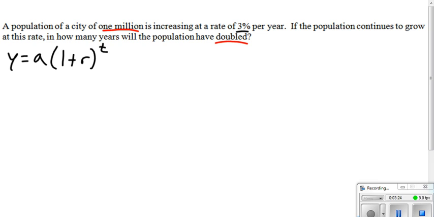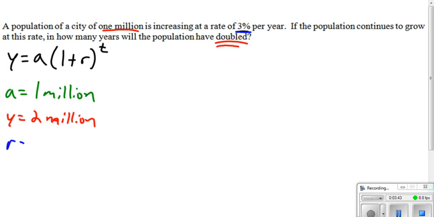We know that our initial value a is 1 million. We know that we doubled, so our y, where we end up at, is 2 million, because we doubled 1 million. We know that our r value is 3%, and t then is what we're looking for.